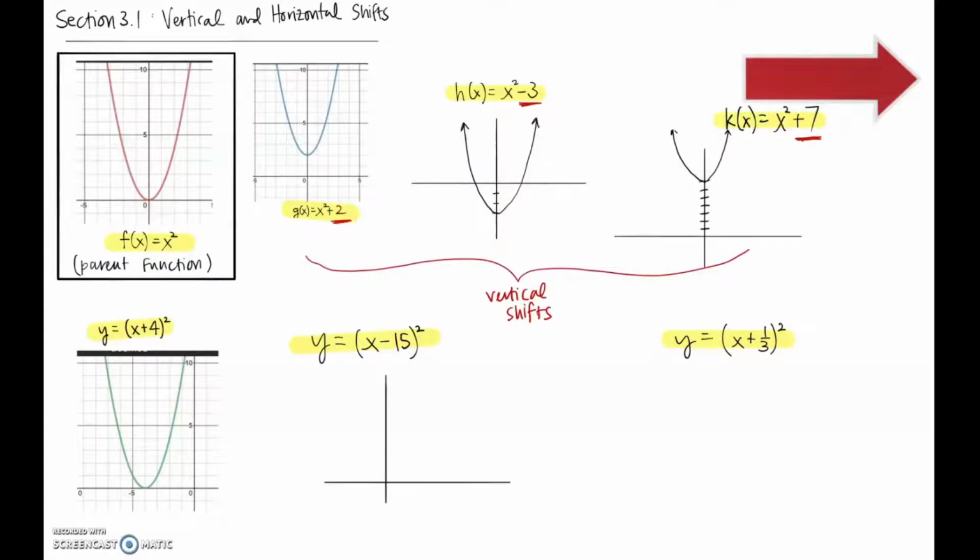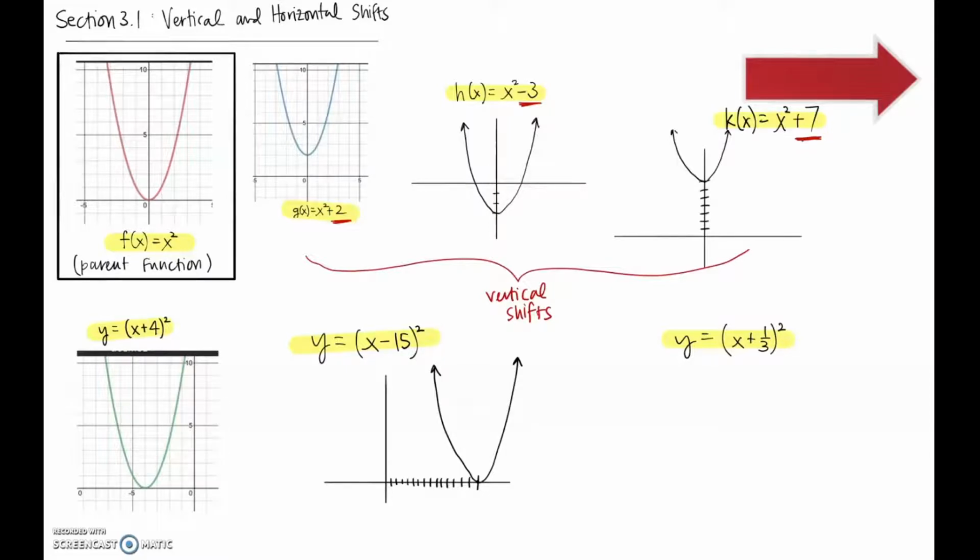So for this guy here, if I'm going to subtract 15, that's to the right 15. 1, 2, 3, 4, 5, 6, 7, 8, 9, 14, 15. Okay, and from there, this is my new kind of 0, 0 point. The function has that parabolic shape that the parent function does.